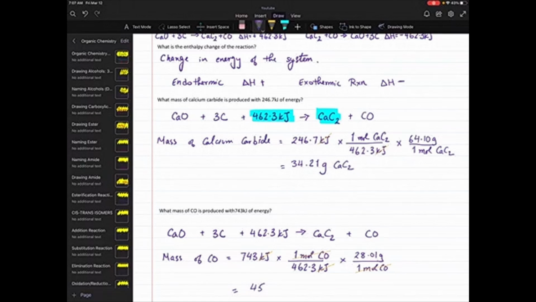Looking at the question, we have three significant figures. 7, 4, and 3 is three significant figures. So the answer will be only worth three significant figures, 45.0 grams. So in other words, if we have 743 kilojoules of energy, we would be able to produce 45.0 grams of carbon monoxide.